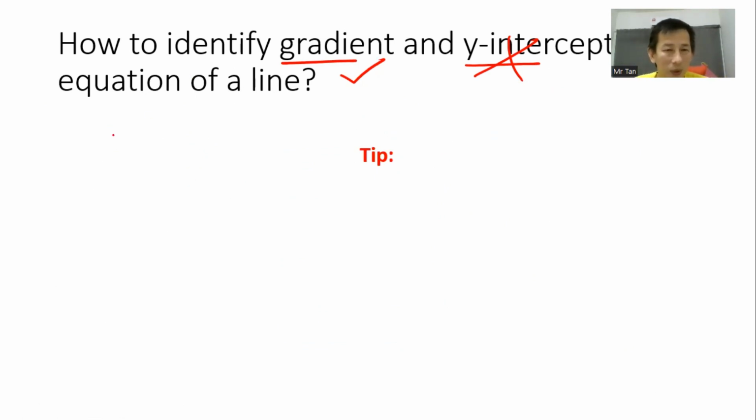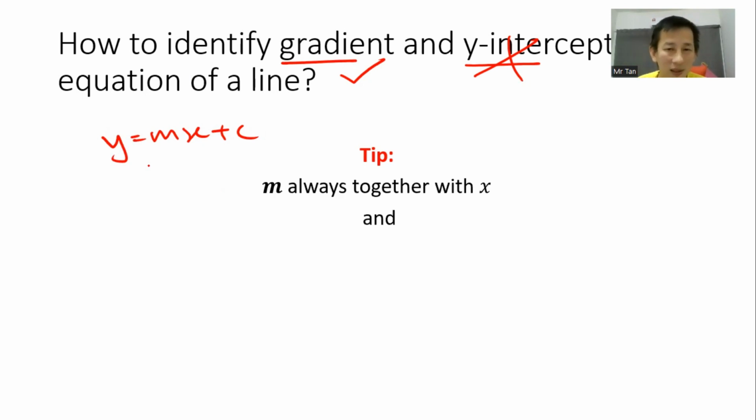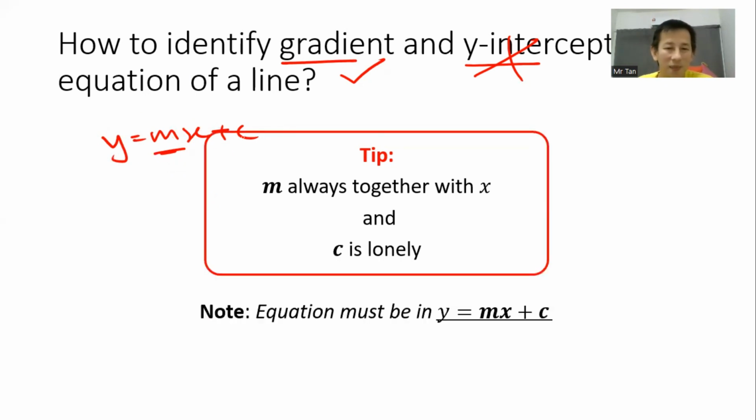If you look at the equation y equal to mx plus c, what can you notice? The m is always with the x, no matter where it goes, and the c is lonely. You need to remember that your equation must be in the form of y equal to mx plus c, easier for you to identify.